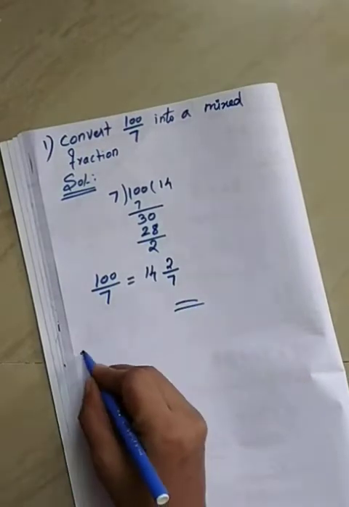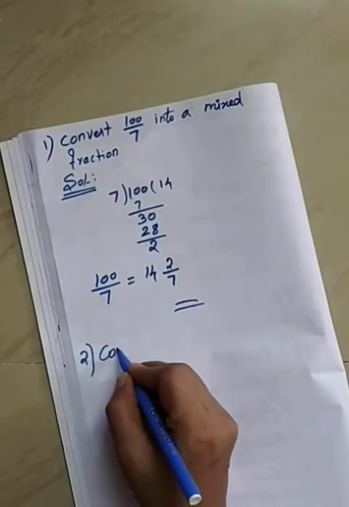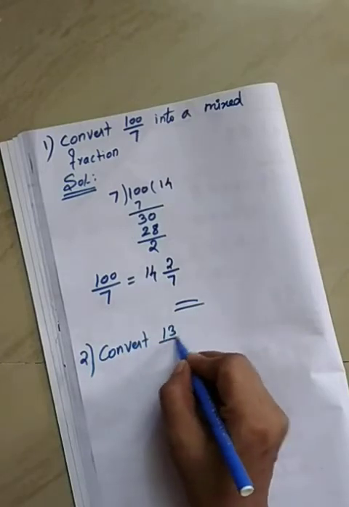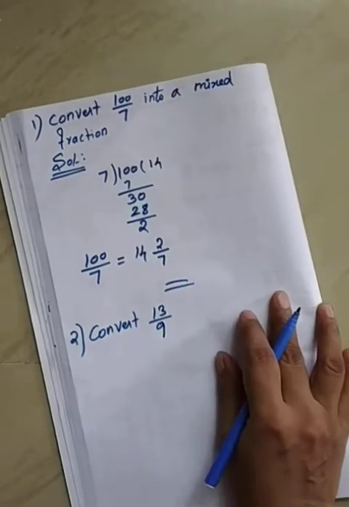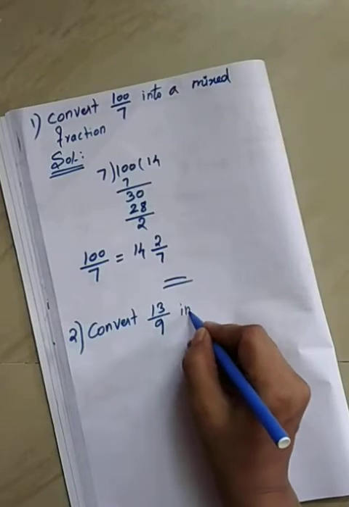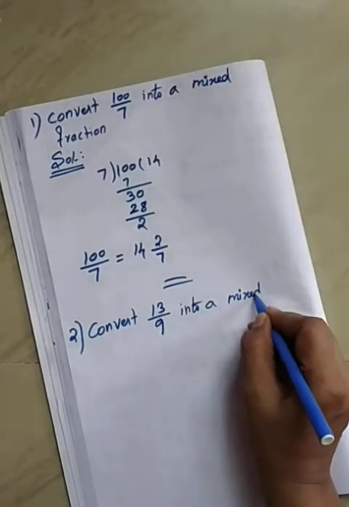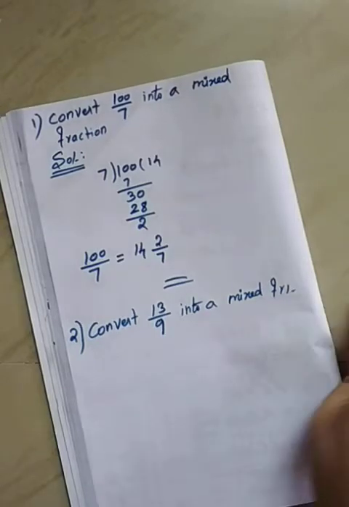See the next one. Convert 13 divided by 9 into a mixed fraction.